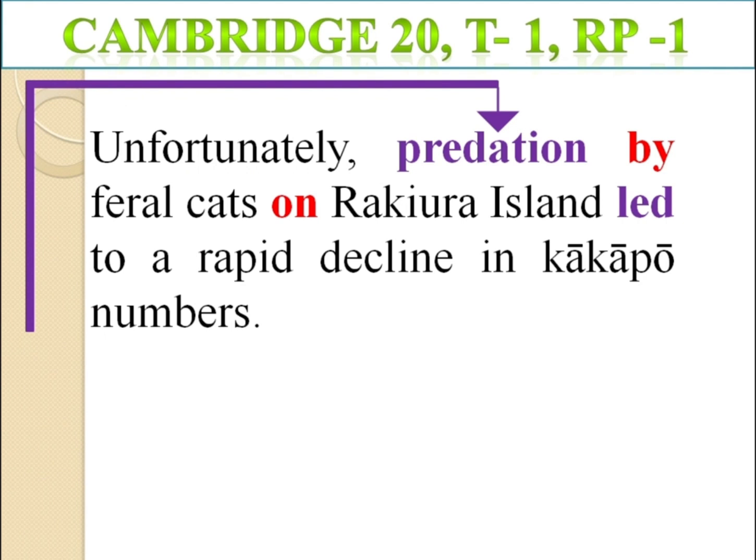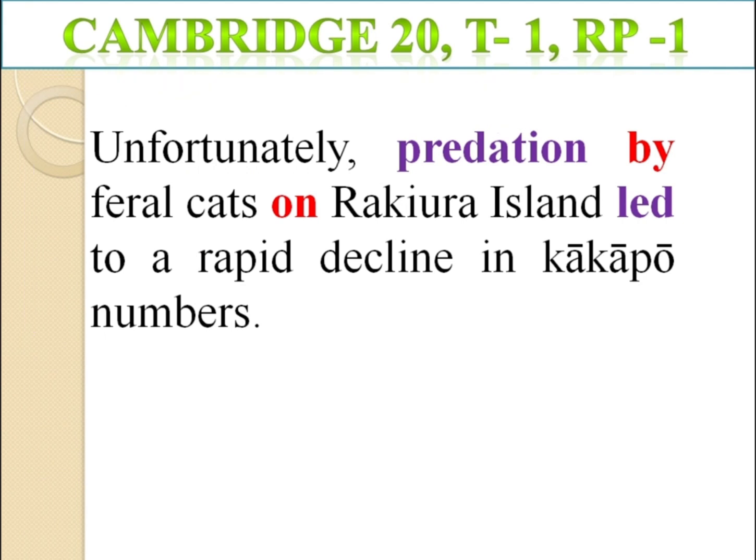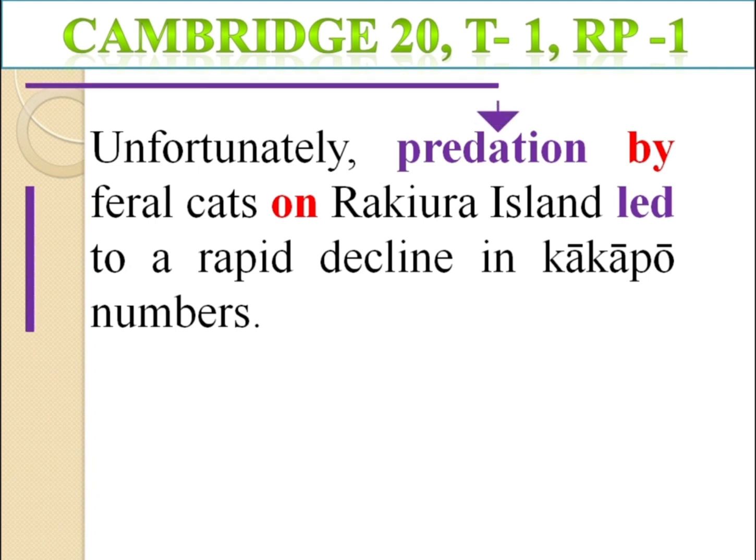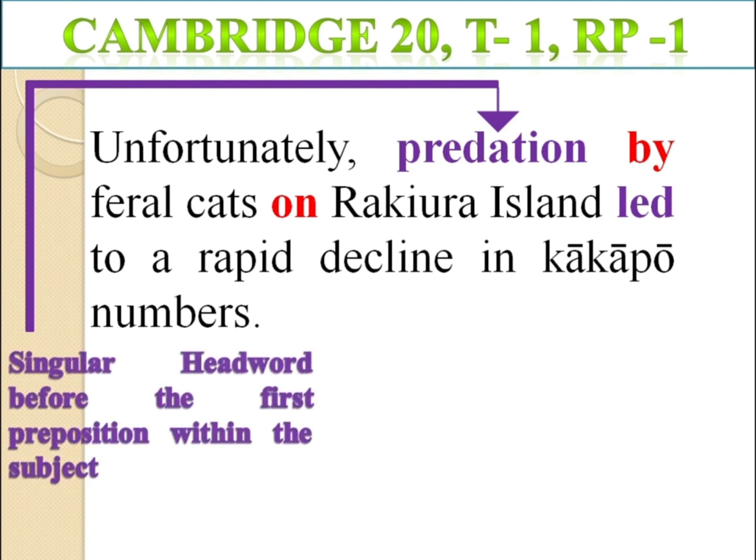You see: unfortunately, predation by feral cats on Rakiura Island led to a rapid decline in kakapo numbers. You see, predation is the singular headword before the first preposition within the subject.